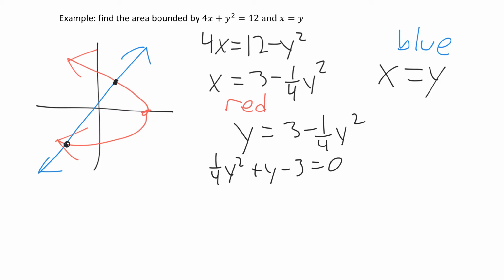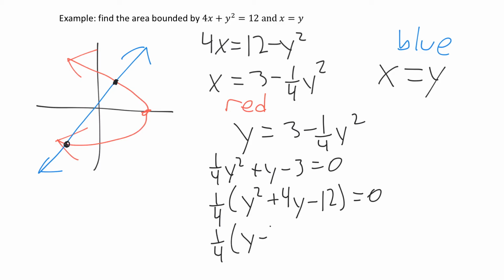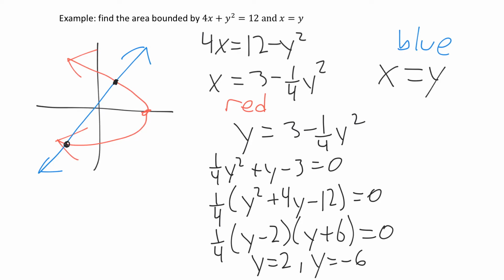Multiplying through by 4, or we could factor out the quarter, will give us y squared plus 4y subtract 12 equals 0. And factoring will give us y minus 2 and y plus 6 equals 0. The first factor will give us y equals 2, and the second will give us y equals negative 6.